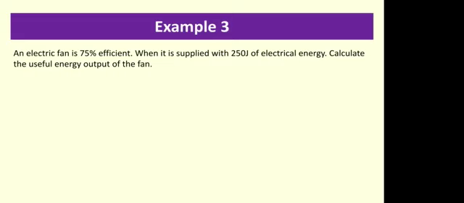Again, we're going to rearrange it slightly this time. So originally I would divide the total energy by 100, then times by 75. 250 divided by 100 and times by 75, and that should give us the answer.